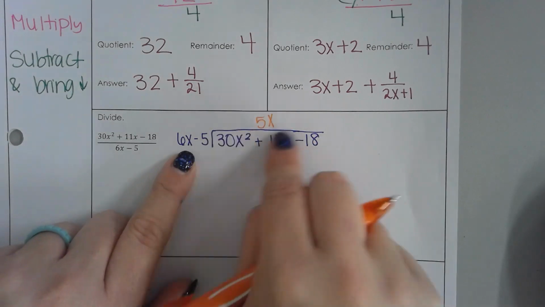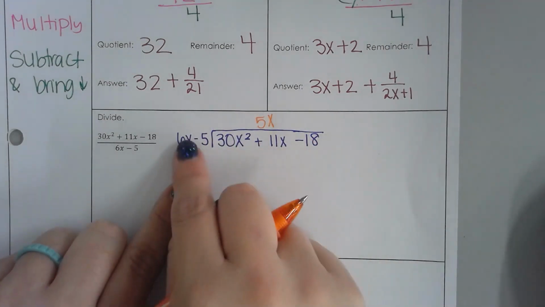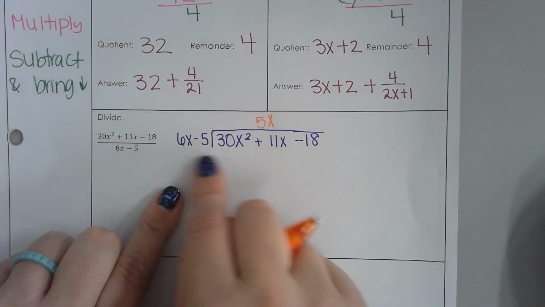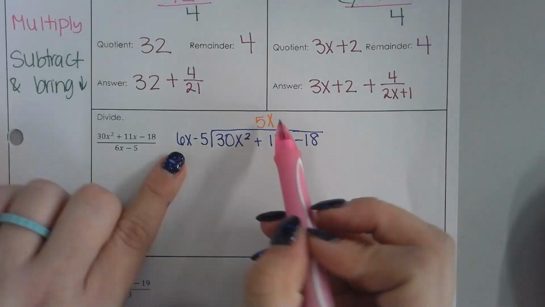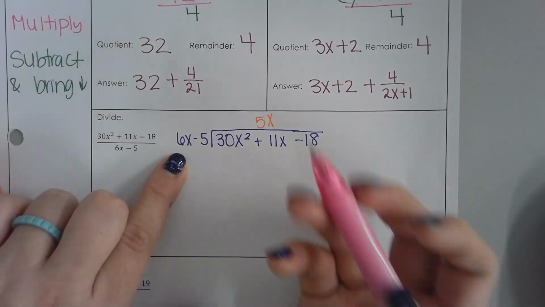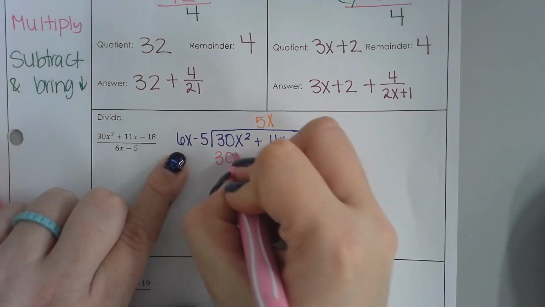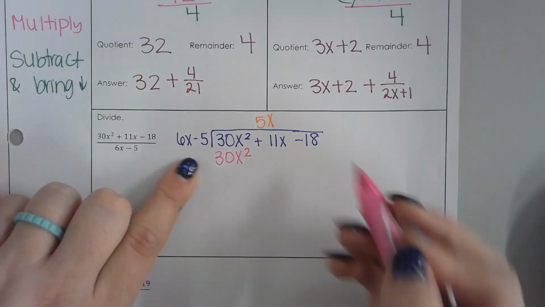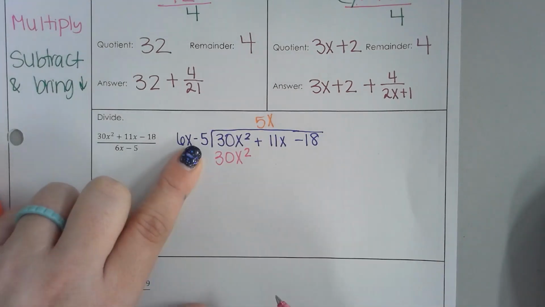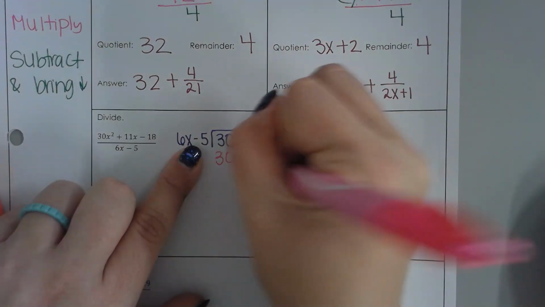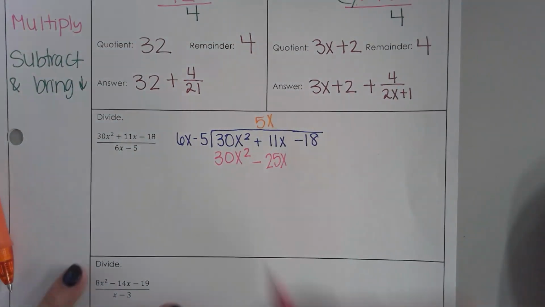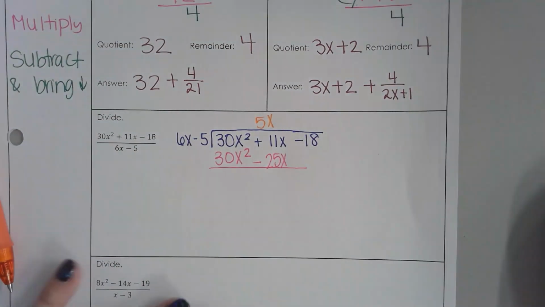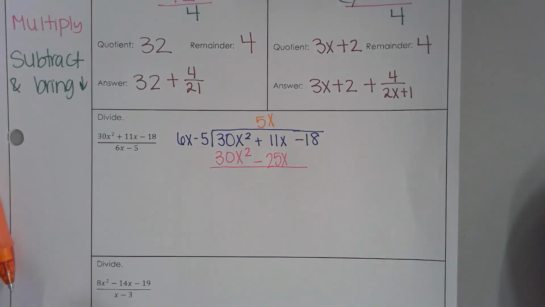And then I take that 5x and go back and multiply it by the whole thing. So 5x times 6x is 30x squared. And 5x times negative 5 is negative 25x. Okay.